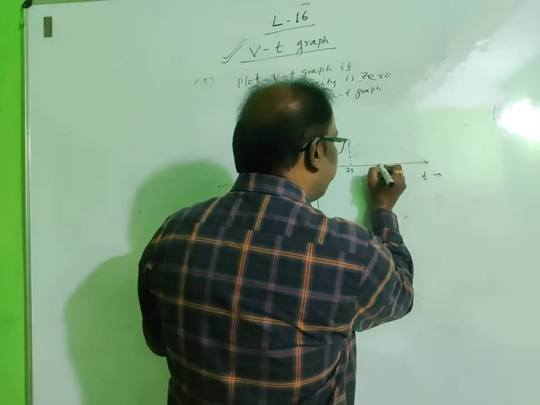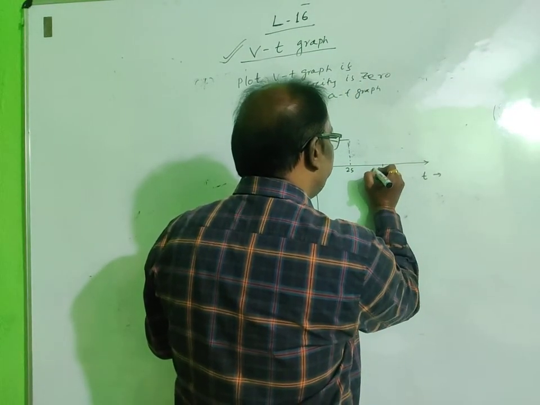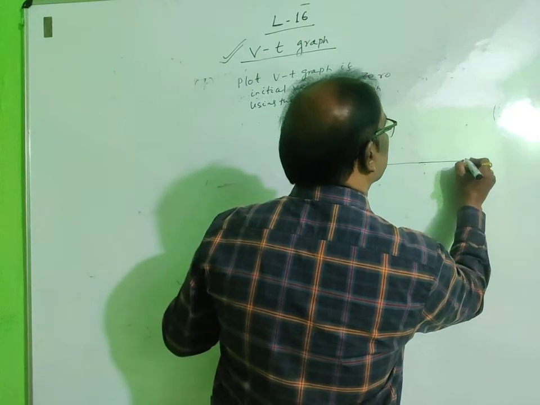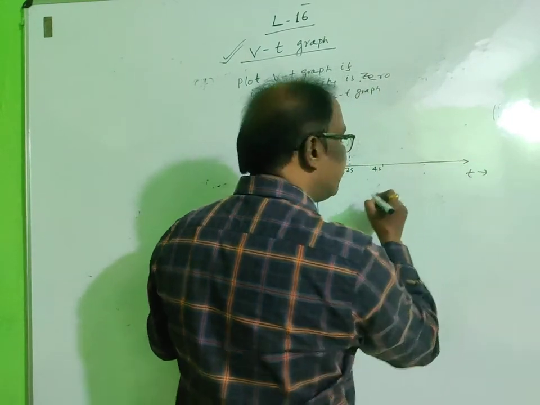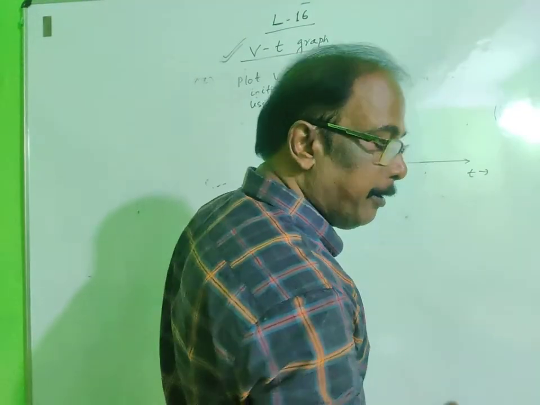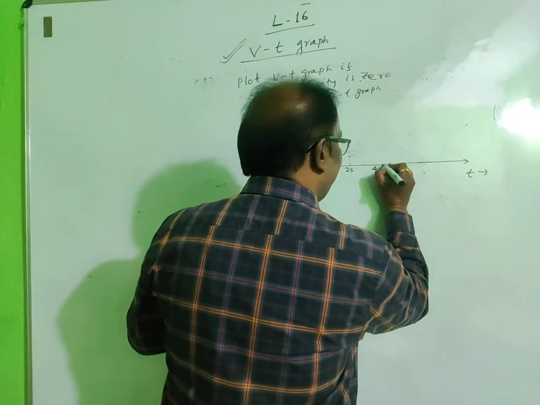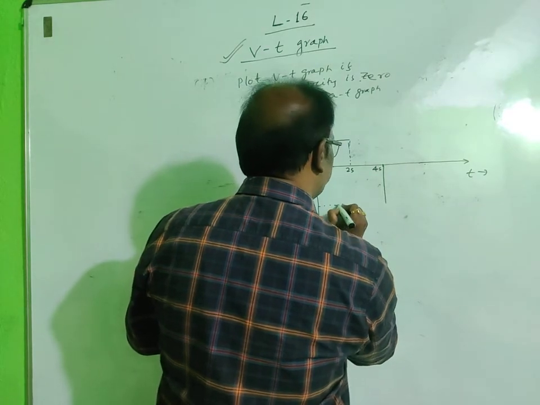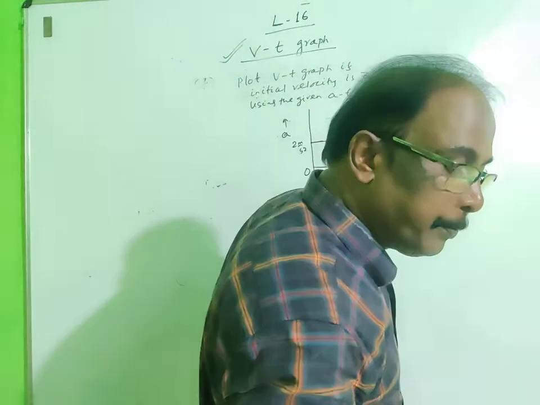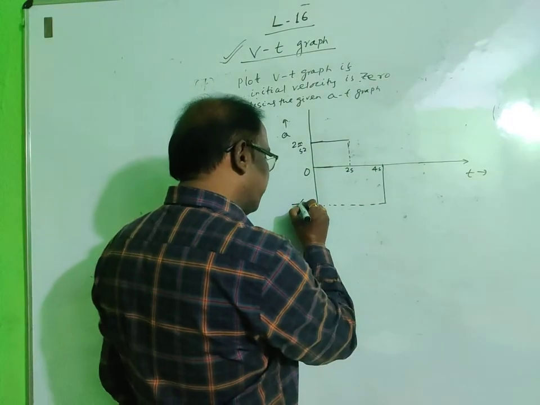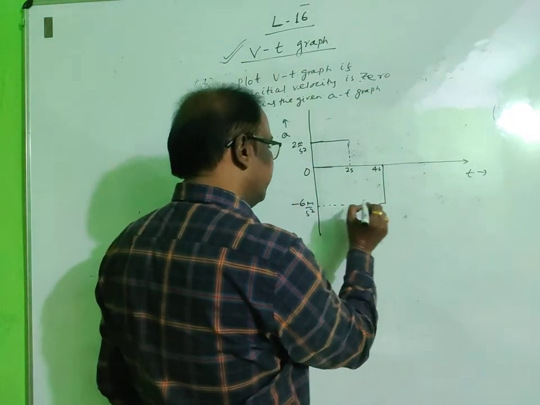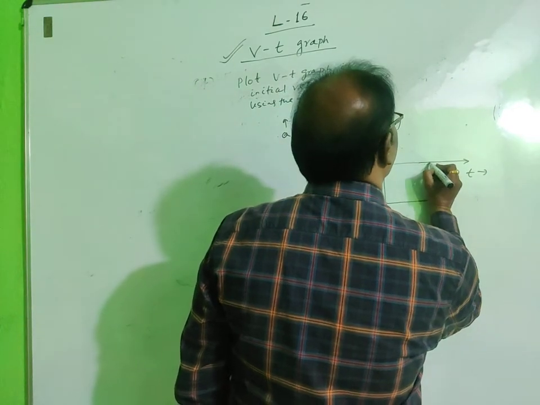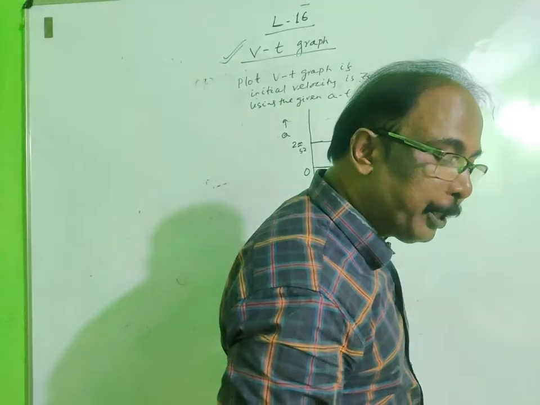Then again, this time is 4 seconds, and this value is minus 6 meter per second square, and time is 6 seconds.